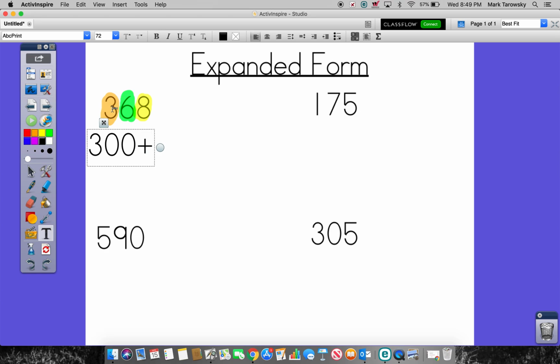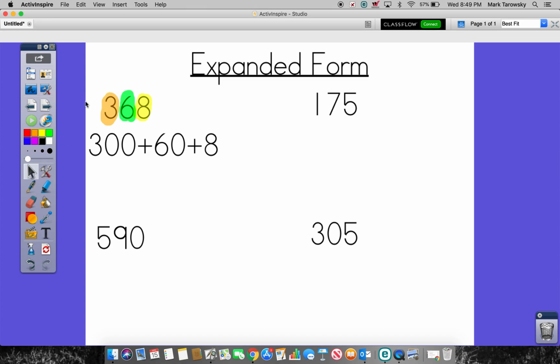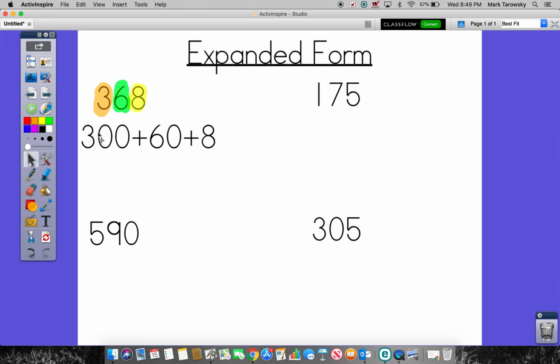Plus, we've got 6 groups of 10, which is 60, plus those 8 ones. Since there's only 8 ones, we just leave it like that. So again, that 300 tells us we have 3 hundreds, that's 6 groups of 10 for 60, and our 8 ones.